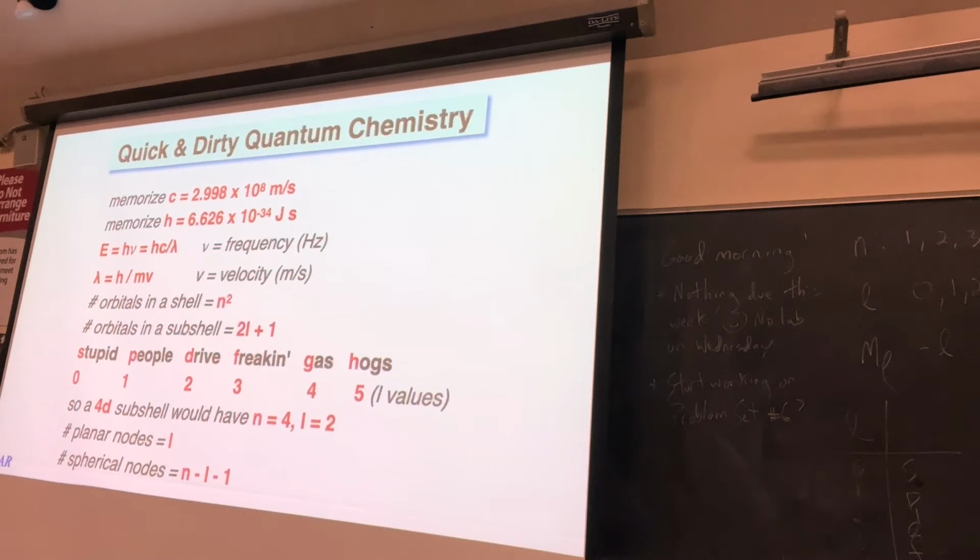Now, because electrons and photons sometimes behave like particles and sometimes like waves, this equation is also really important, and this is de Broglie's equation. And de Broglie said that objects with mass m and a velocity, speed, in meters per second, will have a wavelength associated with them. And when it comes to electrons, this is really important, because all the pictures I showed you of the f orbitals that Wes asked about are really pictures of waves.